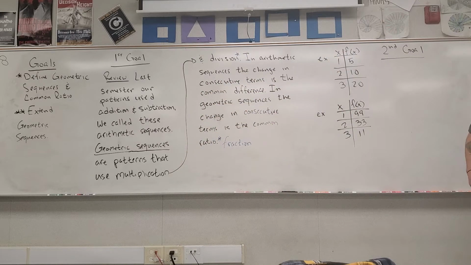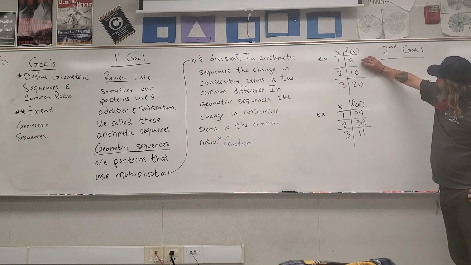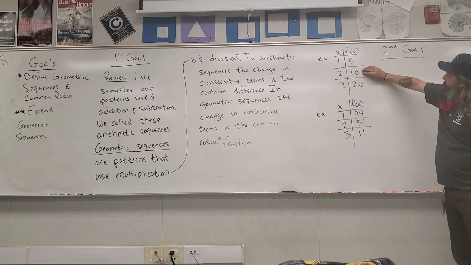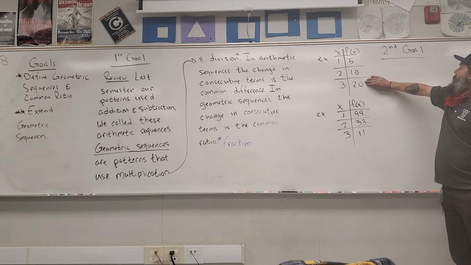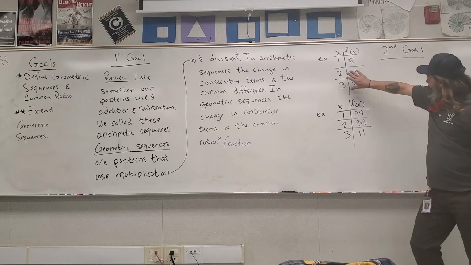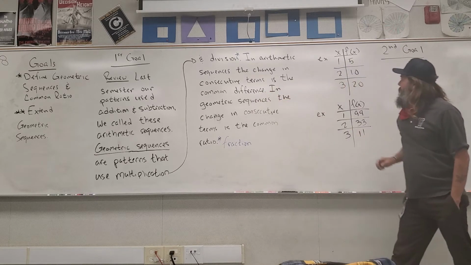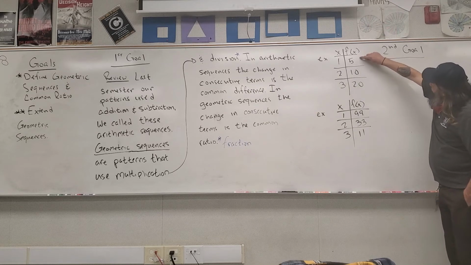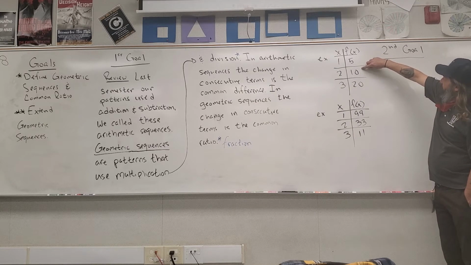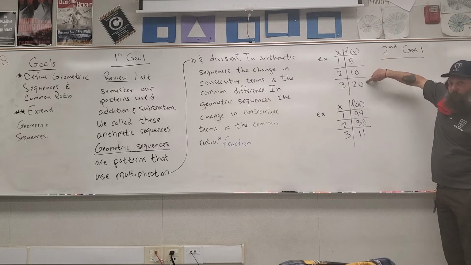All right, in this table, 5 turns into 10 by adding 5. 10 turns into 20 by adding 10. This is not arithmetic. I do not have a common difference. However, 5 turns into 10 by multiplying by 2. 10 turns into 20 by multiplying by 2.